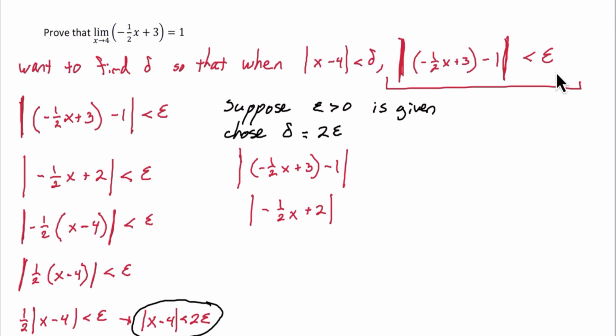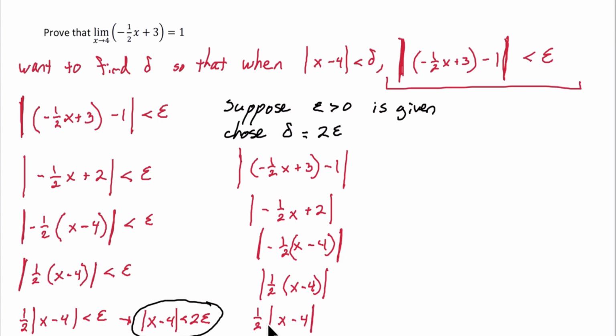Again, these steps look very similar to the ones from earlier. We'll factor out negative 1/2. Make that 1/2 positive. Since it's inside the absolute value, we're allowed to do that. We'll pull the positive 1/2 out of the absolute value. So what we have now is 1/2.